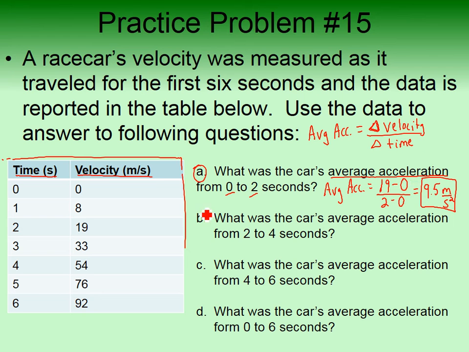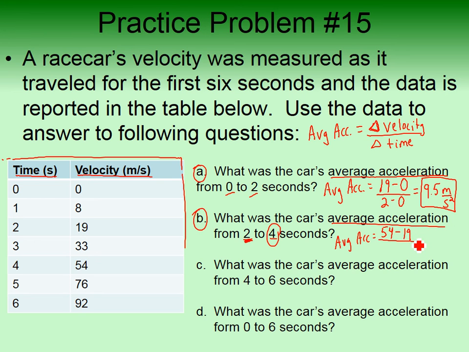Okay, now let's go to B and find it from 2 to 4 seconds. Again, average acceleration. The final velocity would have been at 4 seconds. So at 4 seconds, it was going 54, minus the initial for this time period, at 2 seconds, 19.